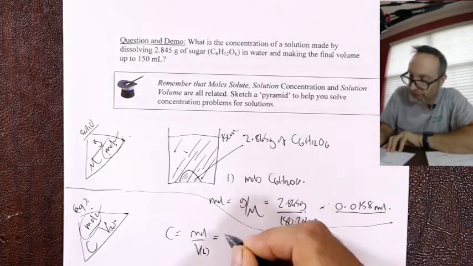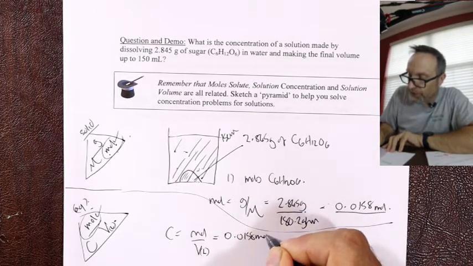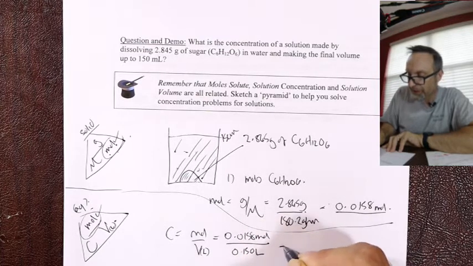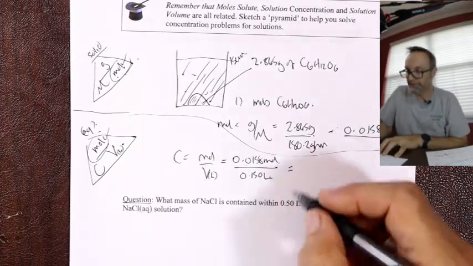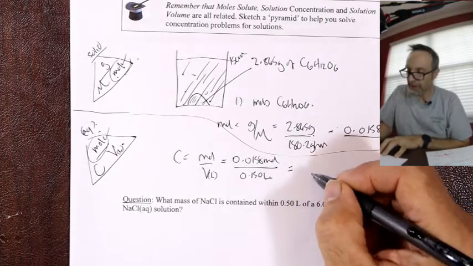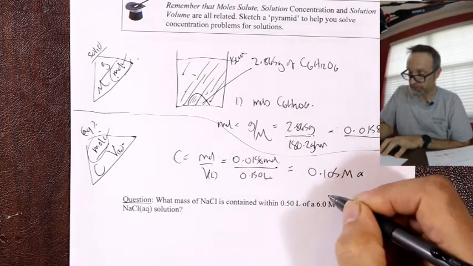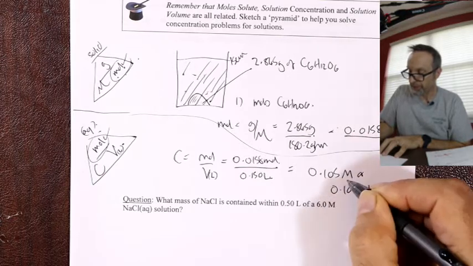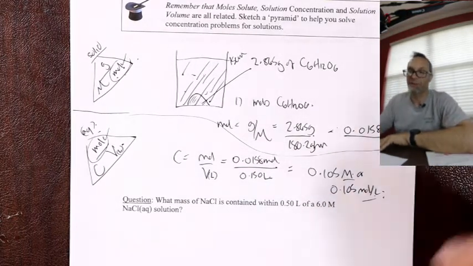So the same number of moles, 0.0158 moles over 0.150 liters. Moles per liter is the unit. Remember, units are super important. And that equals 0.105 M, or 0.105 moles per liter. These are interchangeable units. You can use either one. Molarity, moles per liter, same thing.